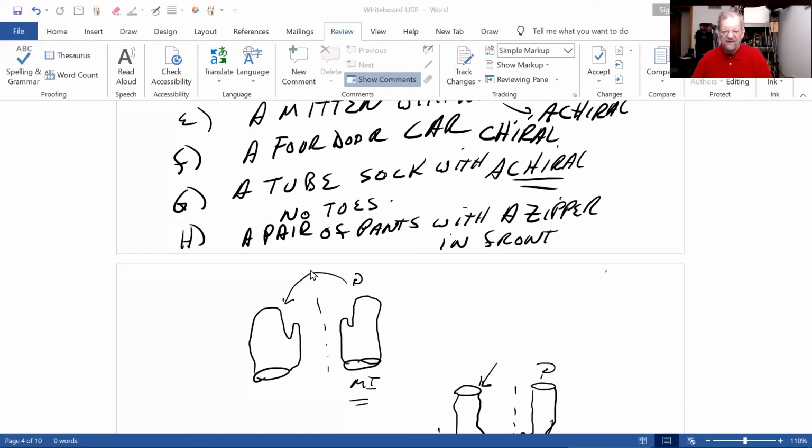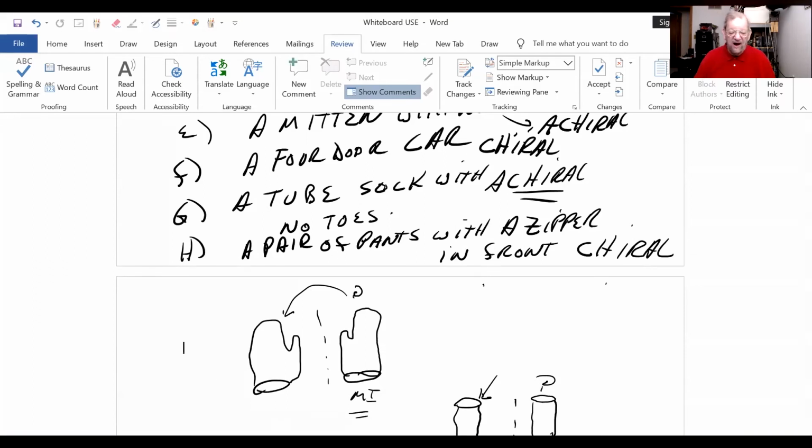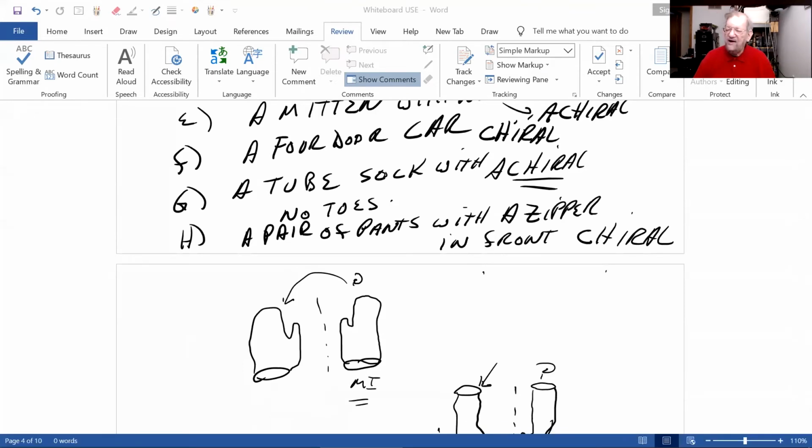And therefore, it's good to know, and you can impress your friends, neighbors, and loved ones, that a pair of pants with a zipper in front, pockets in the back is chiral. So objects can be chiral or achiral. And I invite you next day or two, look around when you're walking around in your house and think about chiral and achiral.